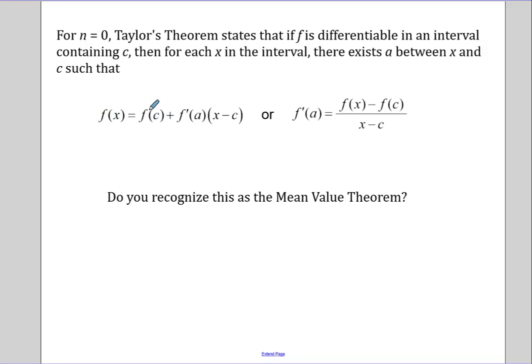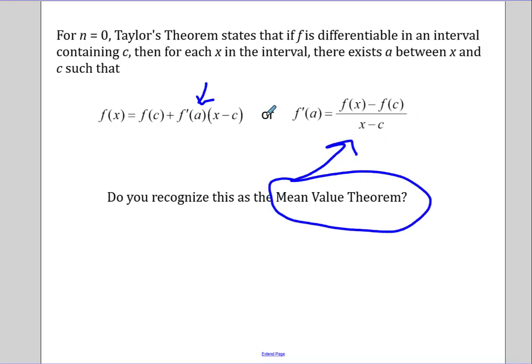This is the first function value at my c. This is the first derivative, and then x minus my center. If we solved for this derivative, you would subtract f of c from f of x and divide by x minus c. And doesn't that look a lot like the mean value theorem? We're taking that average.